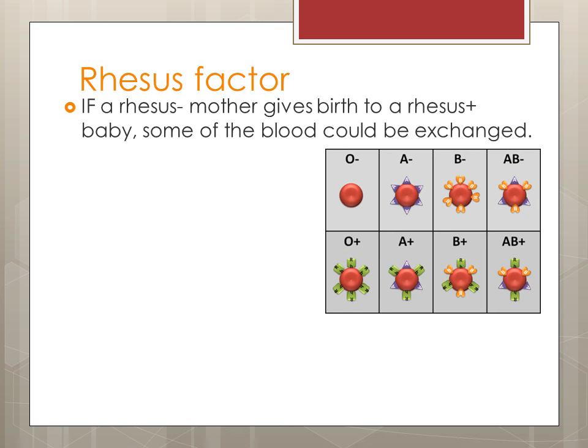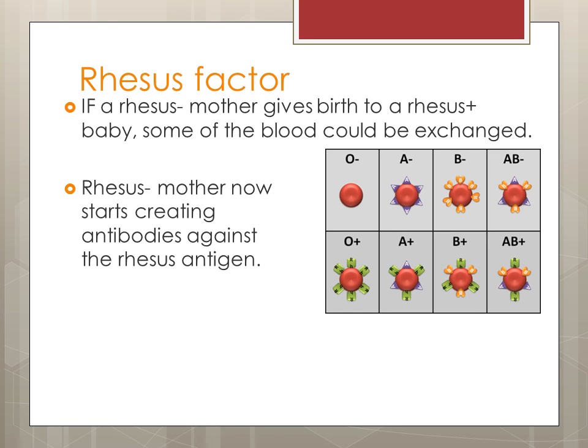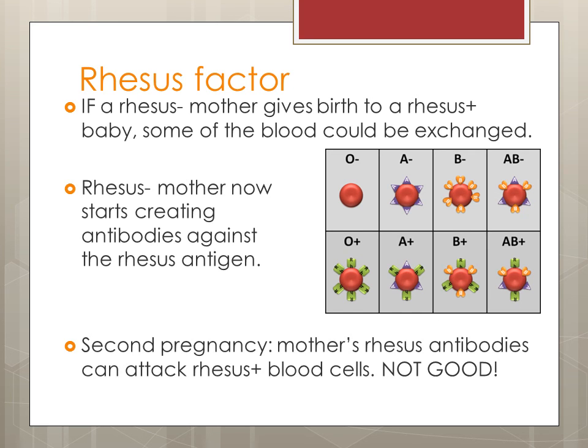But it starts becoming a problem when mother decides to have a second child. And that second child could also be rhesus positive. Now mother's antibodies, because the baby is carried within the womb, start attacking the baby's red blood cells.